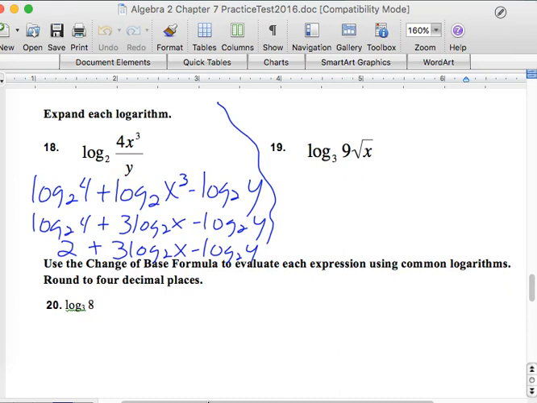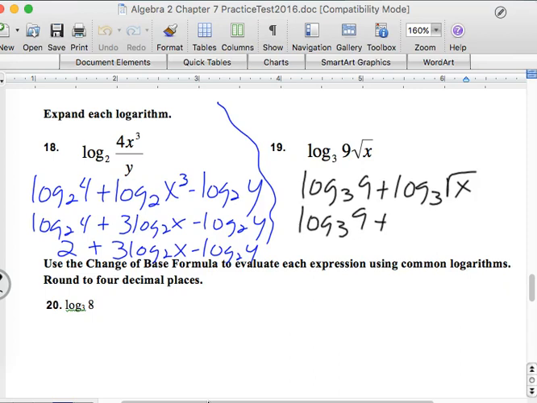So in steps, split them up. They don't both have that square root symbol, which means you have to split them up by that multiplication, which is addition. And then we have this 1/2 power for square roots that we would bring up front. Let me write it this way so everybody can see it.